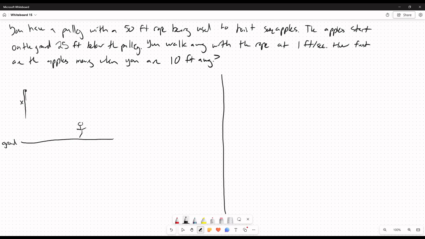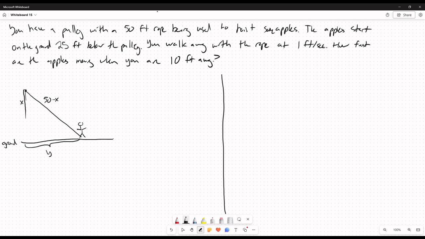We're going to assume for the sake of argument that I'm pulling it with my feet, so that here's the rest of the rope. How long is this length of rope? Well, we have 50 feet of rope and x of it's here, so this has to be the other 50 minus x feet of rope. And this is the distance that I've traveled, we'll say, that's y.